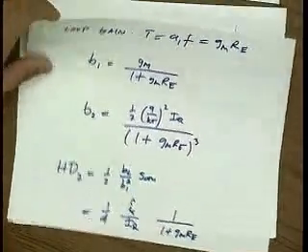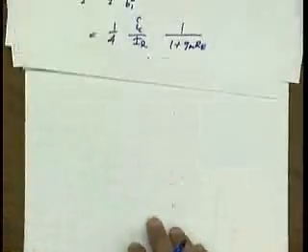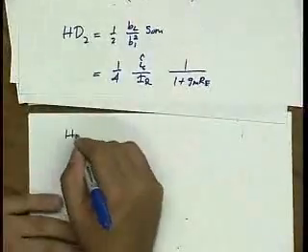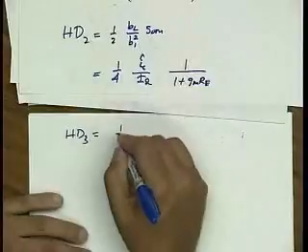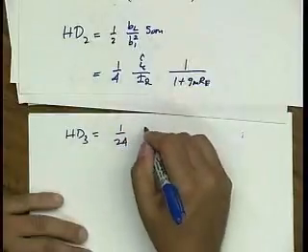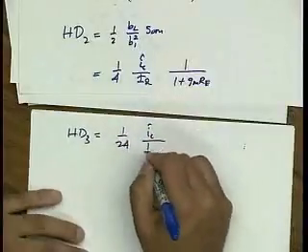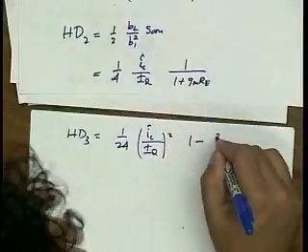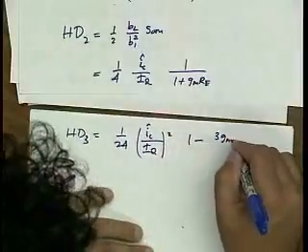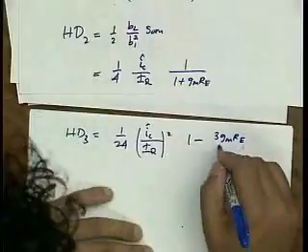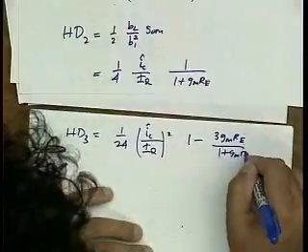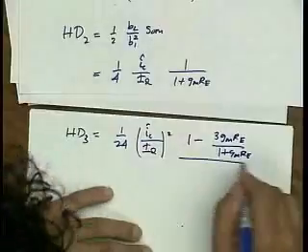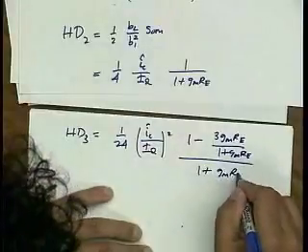And if I likewise calculate HD3, you get 1/24 signal swing divided by IQ squared, a little bit messy, 1 minus 3 GM-RE, 1 plus GM-RE, divided by 1 plus GM-RE.